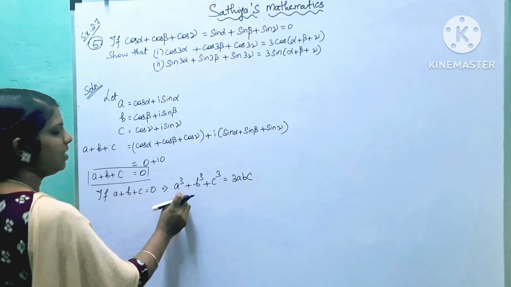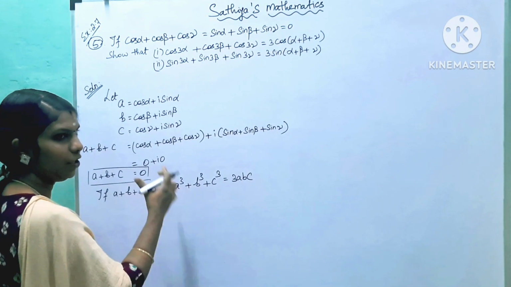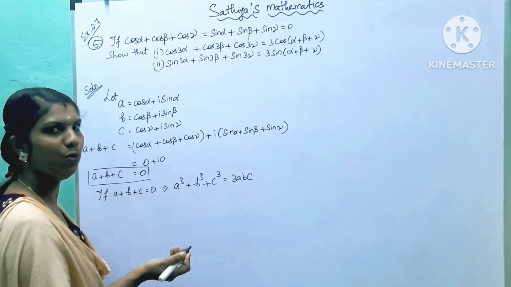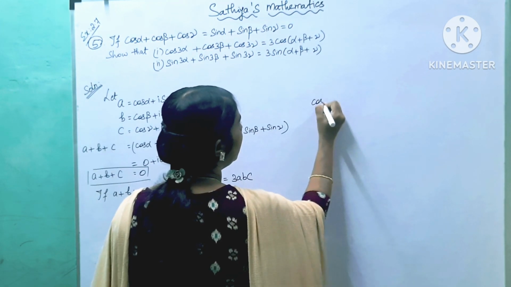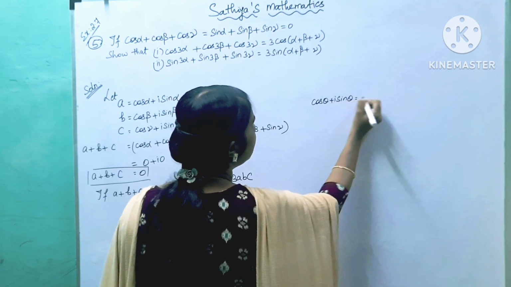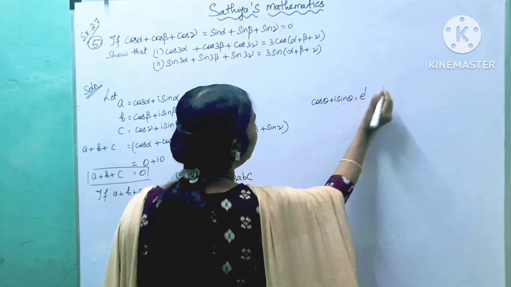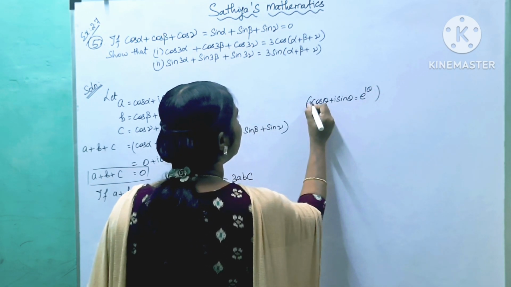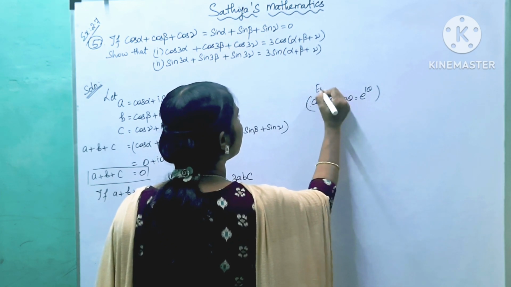Here A cube is nothing but cos alpha plus I sin alpha the whole cube. Since powers are coming, I am introducing Euler's formula. Euler's formula is cos theta plus I sin theta, we can write it as e power I into theta, whatever the angle is. So this is Euler's formula.